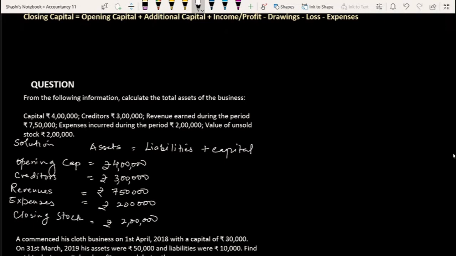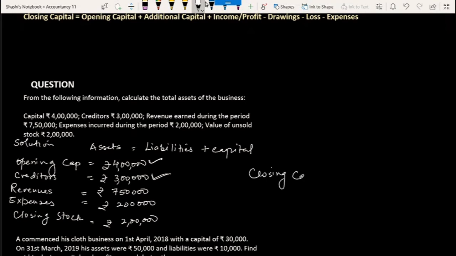So if I say here the assets are equal to liabilities plus capital, this is the liabilities which are given, and this is the opening capital. So we are going to find out the closing capital here.